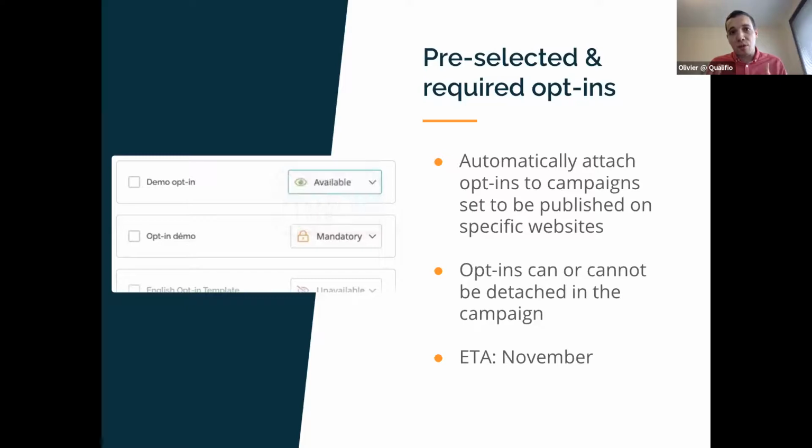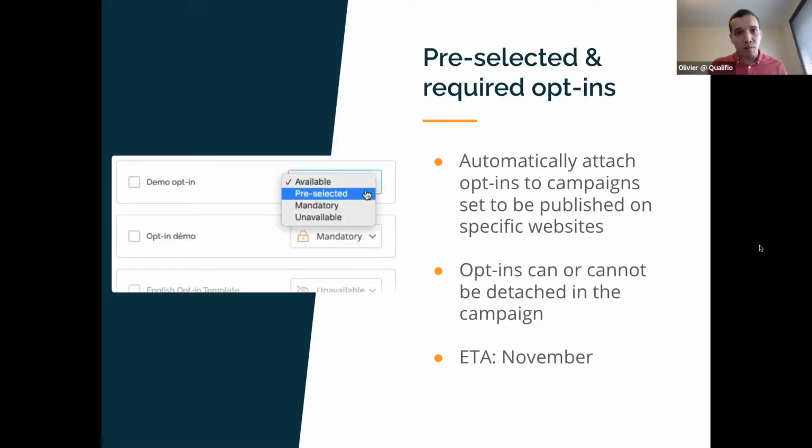When you create a new campaign on website A, the opt-ins related to that website will be pre-selected, or they will be mandatory. If they are pre-selected, they will already be present in the campaign, but if it's not always needed to include them, then the Qualifio user can unlink them.